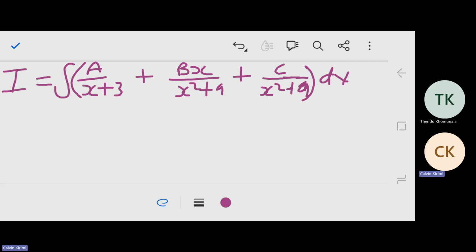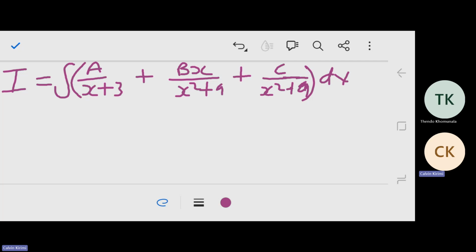So we are there. We now know A, B, and C. What we are going to do is replace our A where it's supposed to be, B where it's supposed to be. A is 1, B we found is -1, and C we found to be 3.